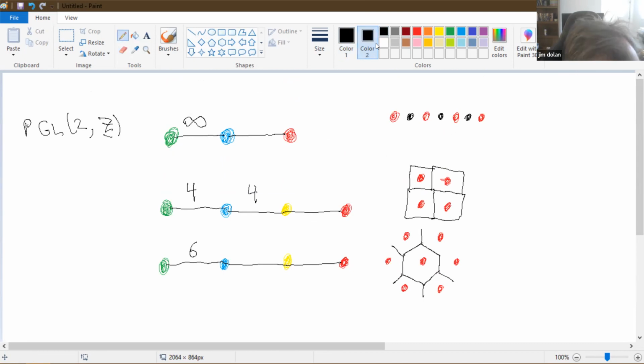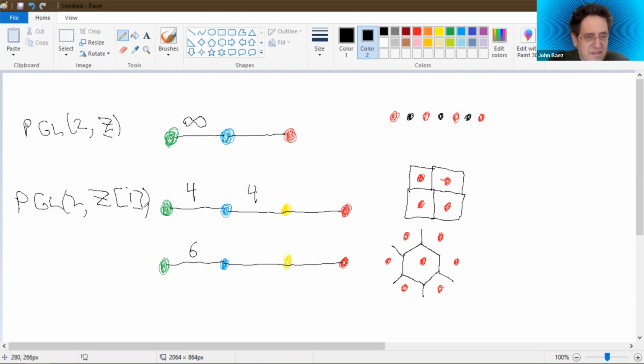Black. So this would be PGL2, comma, Z adjoin i, perhaps we call it. And you think that the Coxeter group is actually what order, what index inside this projective general linear group? Or is your guess slightly different than that?